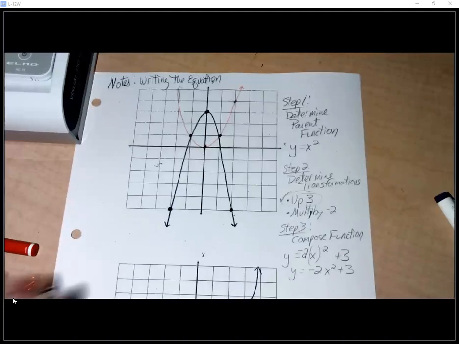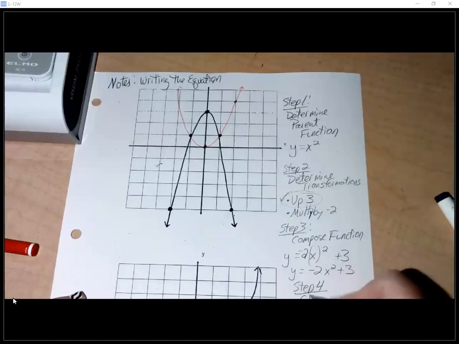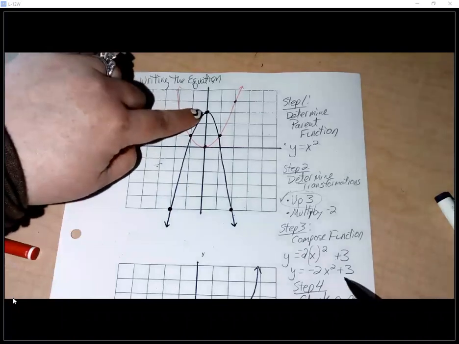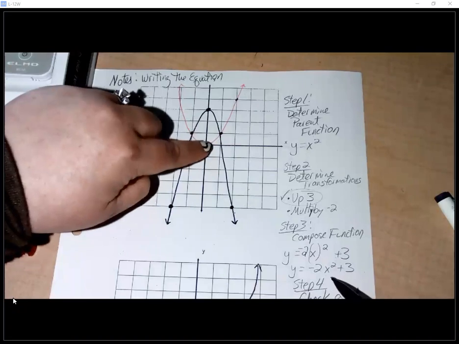I'm going to add a step 4. Check a point or two. So if I'm using my function, let's just start with 0. If I plug in 0, I should get out 3. Okay, that one works. If I plug in 1, I should get out +1.